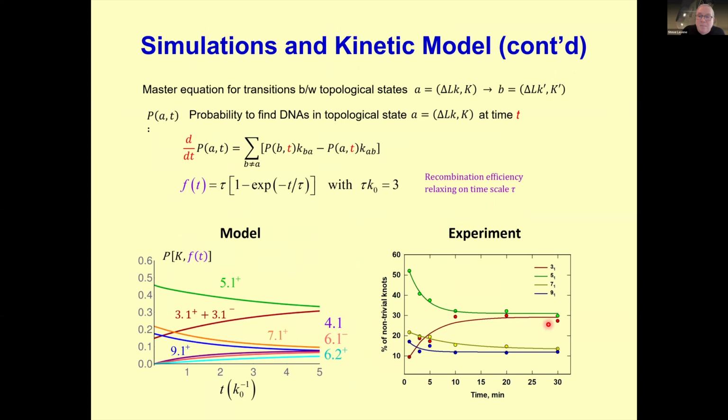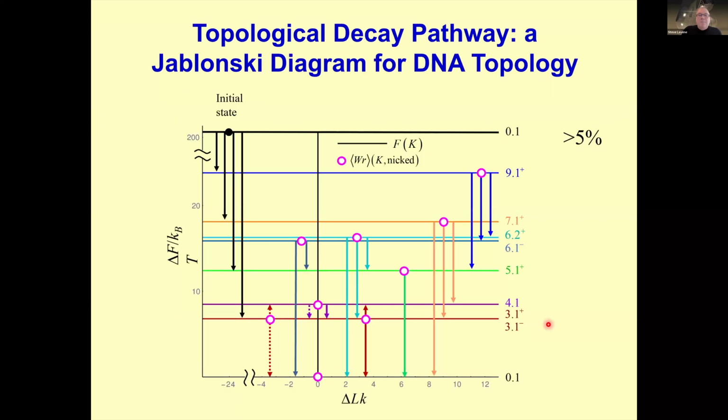Steve, can you go back? Yeah. Can you please go back? Yep. What are these circles which you drew there? Yes. So these are various states of the different knot types. They decay to a new knot type, but with a different delta LK value.